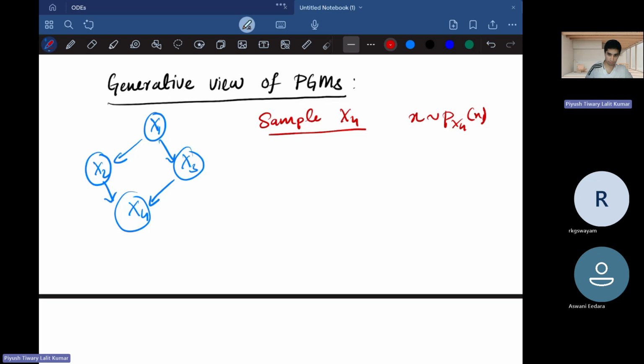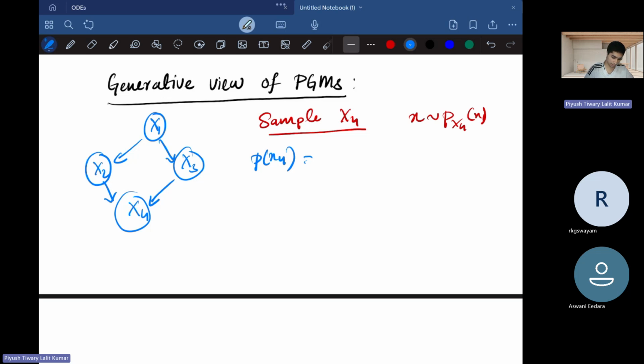How can we sample from this distribution? One way to do this is you write the distribution of x4, P of x4. For now let us assume that all of x1, x2, x3, x4 are discrete random variables, but you can easily extend the argument to continuous versions as well.